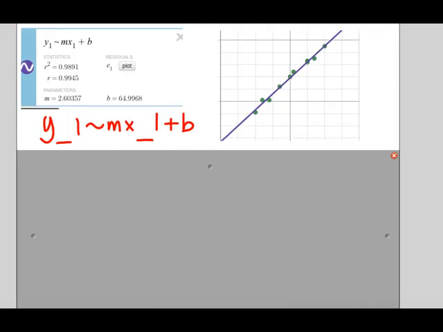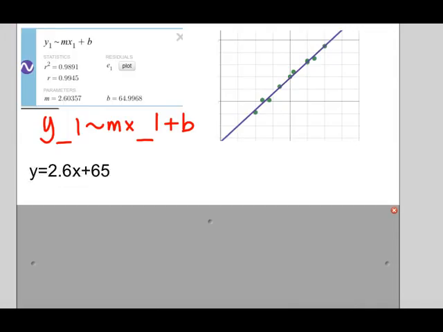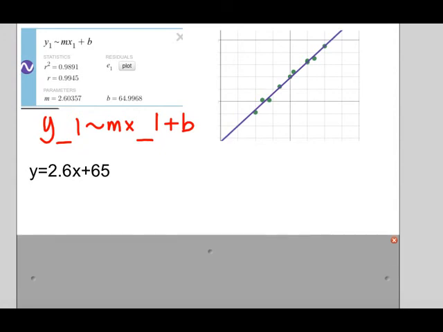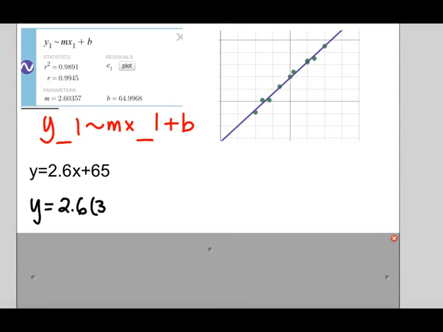Okay, it's got my lovely regression, how close it is. If you look, this is approximately what my equation says it's going to be: 2.6 times x plus 65, where x is the length of the femur. Now all I would have to do is take that and plug in my femur length, which I believe was a 35.